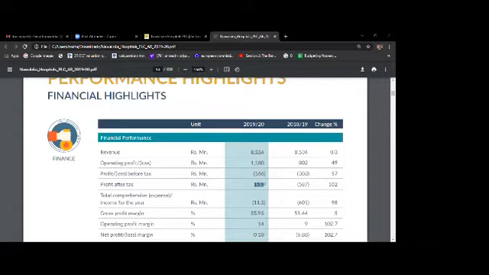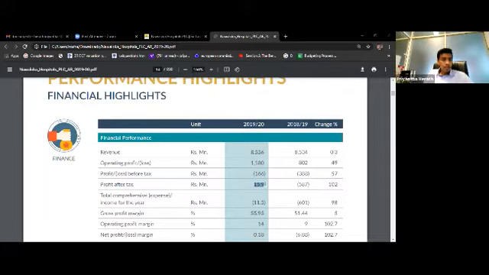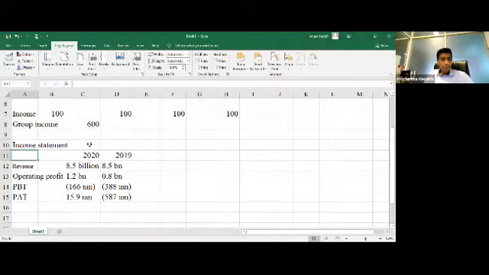Now I am going to share this summary of the income statement. I need your interactions, right? So let me share the Excel sheet. Can you see this? Not yet, sir.